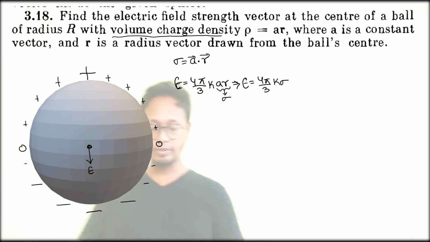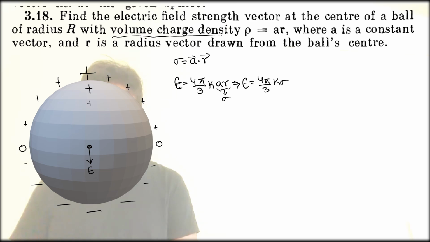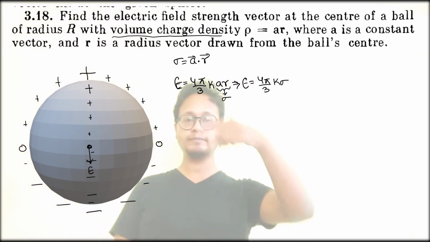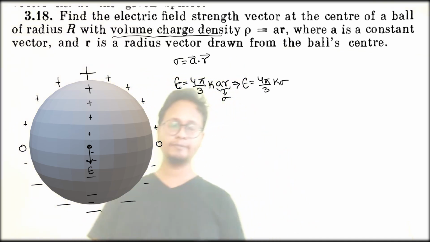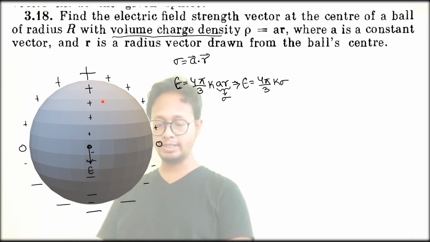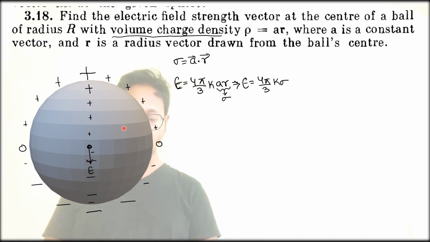That means it will have the same charge distribution, but as I reduce the radius vector, that means as I go towards the center, the magnitude of charge decreases. The same thing happens with all the side charges. As I go towards the center, the magnitude of the charge will decrease. It will happen throughout the sphere.